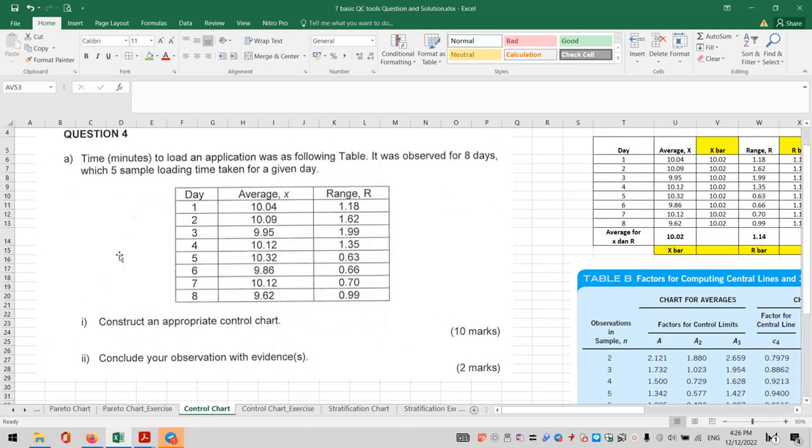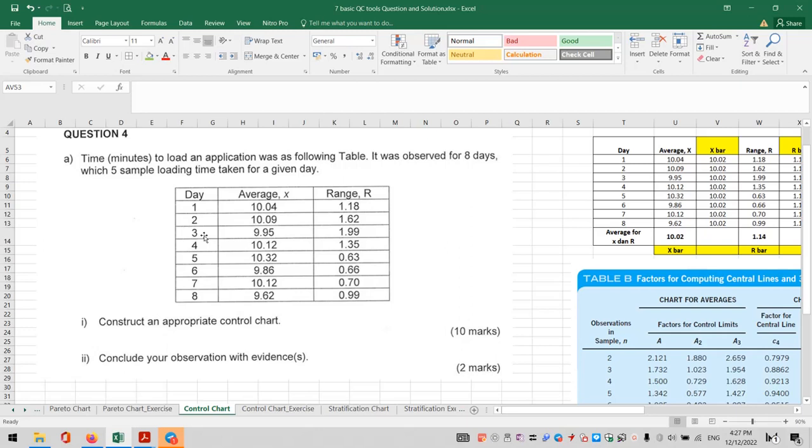Okay, given this table, the time in minutes to load an application was as in the following table, and it was observed for 8 days, with 5 sample loading times taken for a given day.